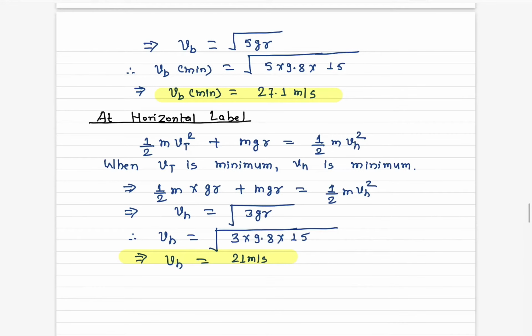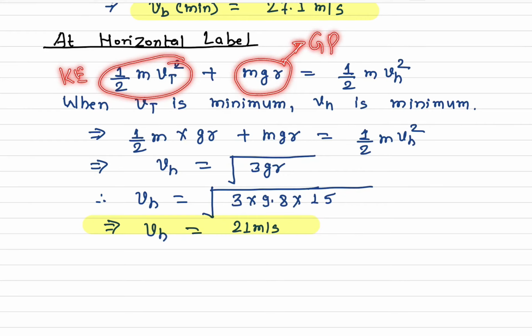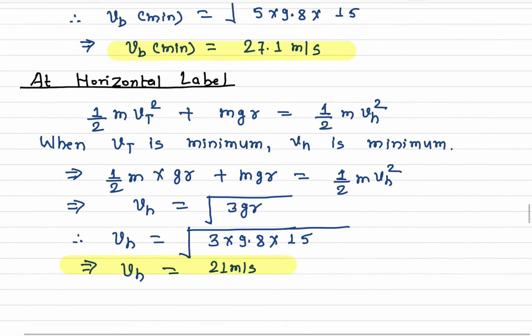So at the horizontal level, this is the kinetic energy, and this is the gravitational potential energy. Why only R? Because we have chosen this as my reference level, so that at the horizontal level it has only the kinetic energy, half mvh squared. And again, I'm plugging in Vt.